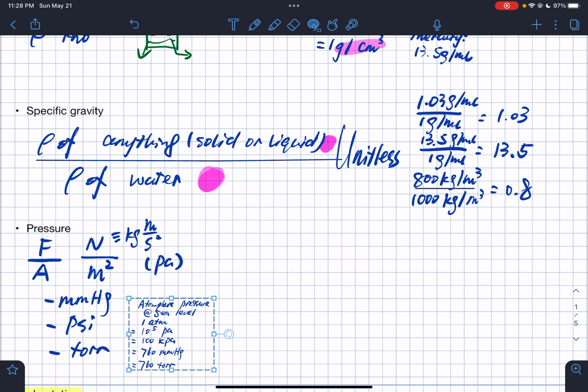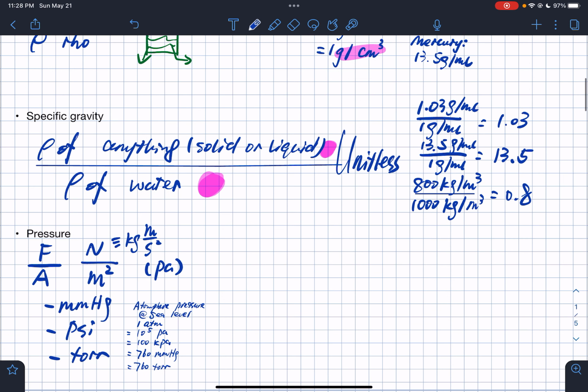All right, so there are also 3 different pressure concepts I want to discuss. The first one being hydrostatic pressure. So what is hydrostatic pressure?